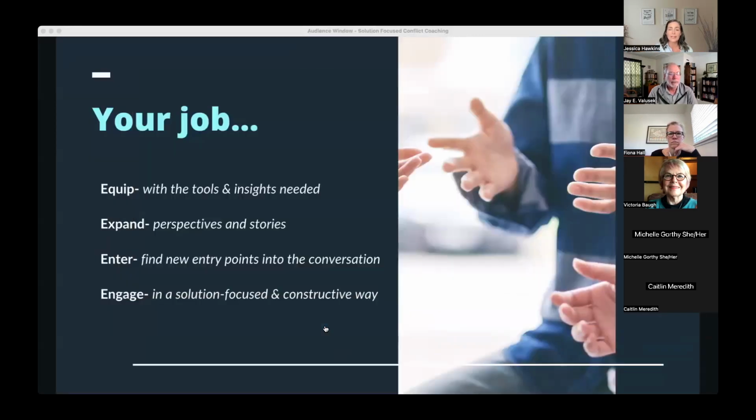So that's what I want to dive into today in particular, is our job as helping professionals or as siblings or as parents or as human beings in a community is to either be equipped or help equip clients with the tools and insights needed to face into these difficult conversations, to expand the conflict stories and perspectives, to find new entry points into these conversations, and to engage in a solution-focused and constructive way.